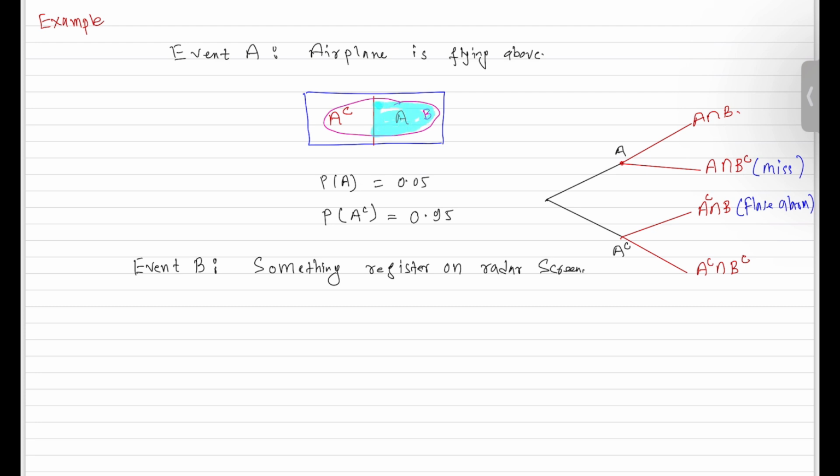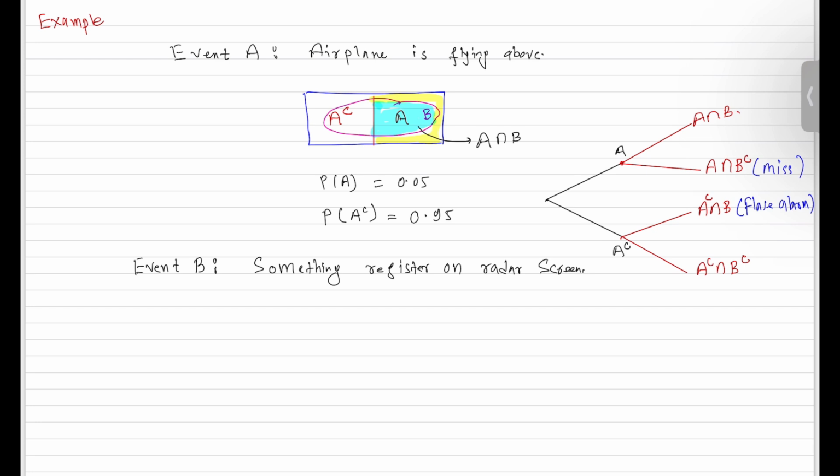So this event is nothing but there is something in the sky, there is an airplane in the sky, and radar has detected it correctly, right? And if you look at this part, that is not in the B but in the A, right?